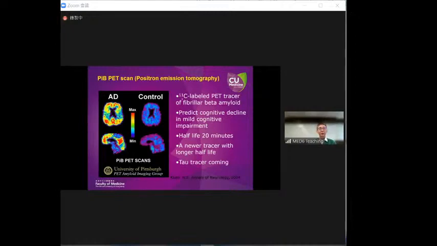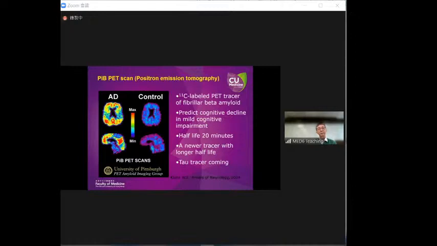Basically, we inject a radioactive label for beta amyloid. After the intravenous injection, the tracer will get to the brain and stick to beta amyloid accumulation in the brain, and then the PET scan will pick up the abnormal radioactivity and show up as red spots.